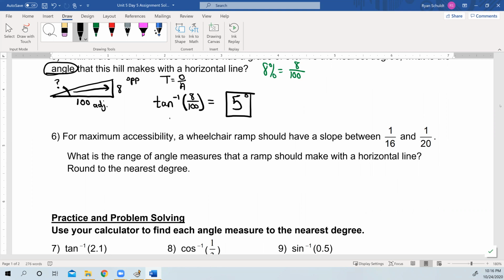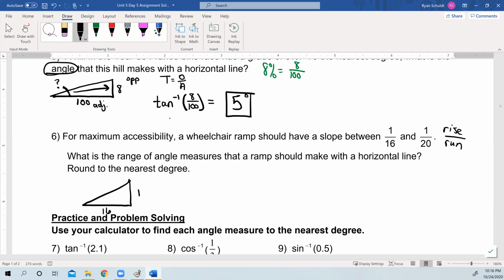So remember, slope, that means this is rise over run. So let's draw a triangle here. That means for every one that goes up, for the first one, it's 1/16. So for every one that goes up, it goes 16 over.